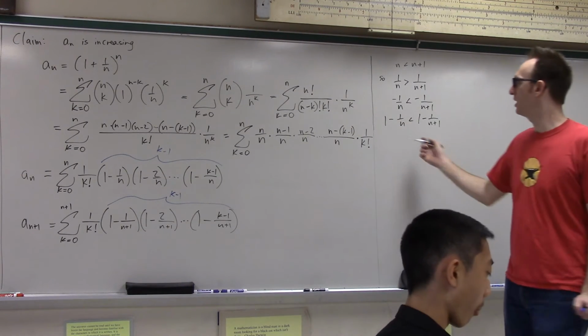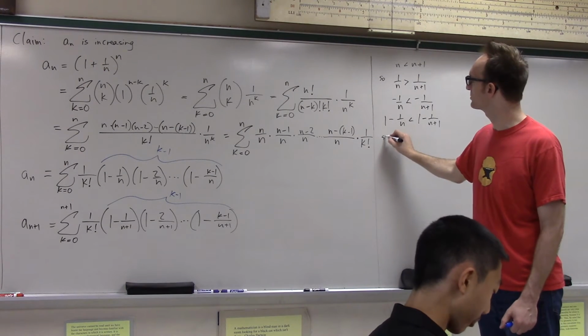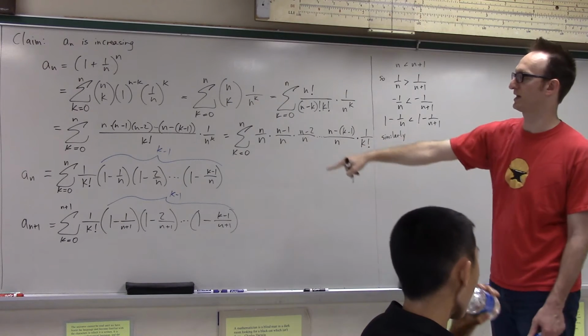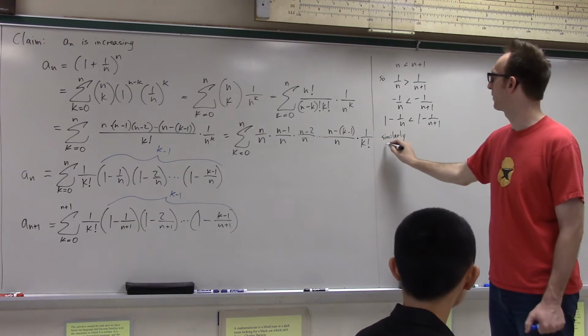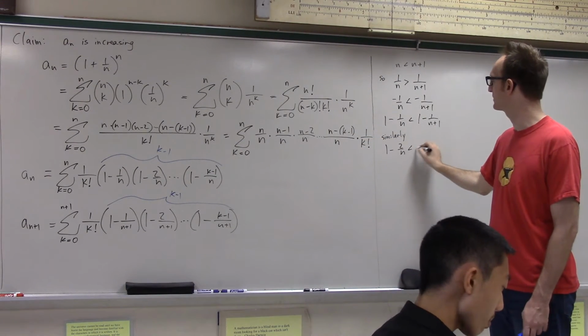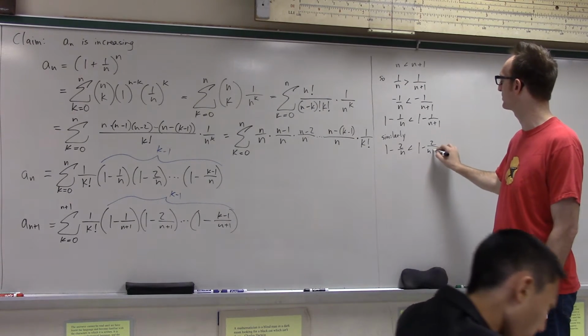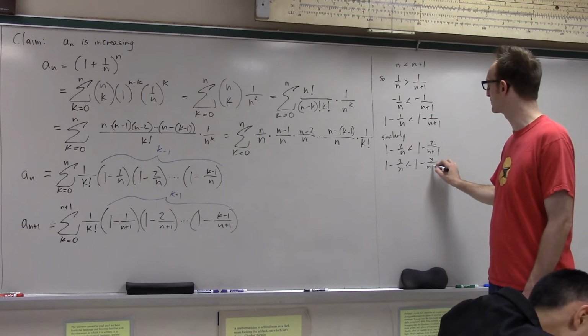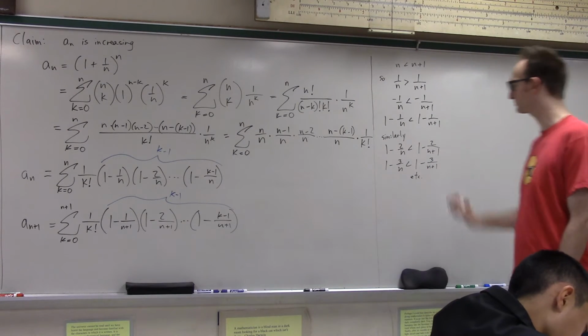And then, additionally, we can just write similarly, this holds for the next comparison, right? So 1 minus 2 over n is also less than 1 minus 2 over n plus 1, and 1 minus 3 over n is less than 1 minus 3 over n plus 1, etc. Yeah.